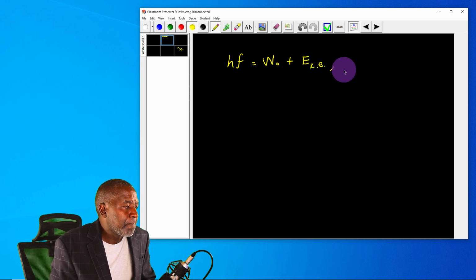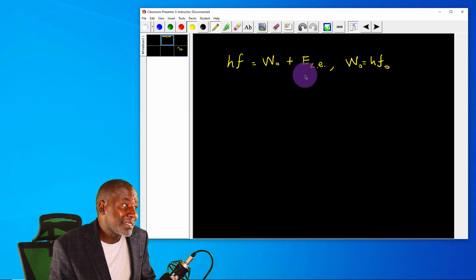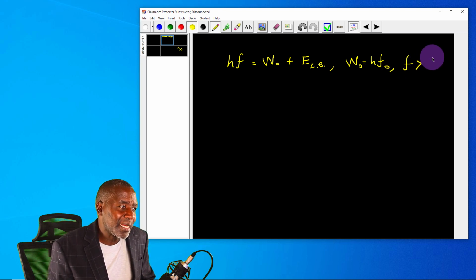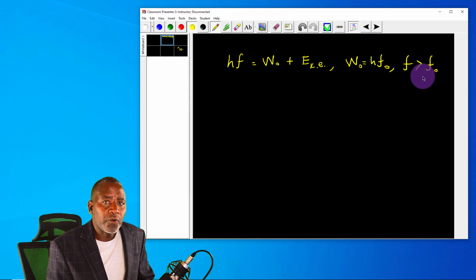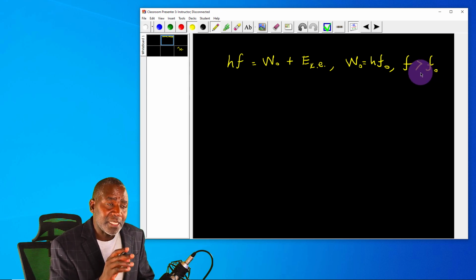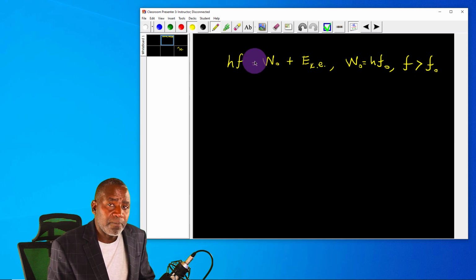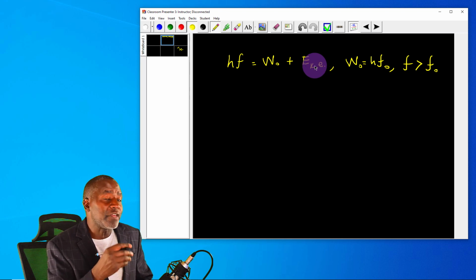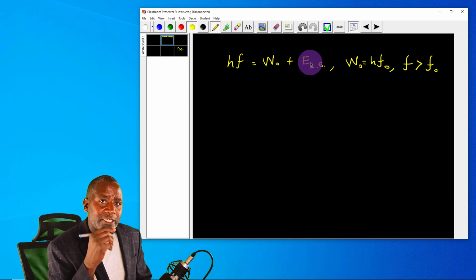We have already seen that the work function will be equal to h times the threshold frequency, meaning that for photoelectric effect to take place, the frequency of the incident radiation, which is f, it may be red, green, and so forth, must be greater than f naught, because this is absorbed by the metal, and that particular metal must be such that the work function is less than the energy of the incident photon, so that it can use the difference to give itself the kinetic energy of that electron.